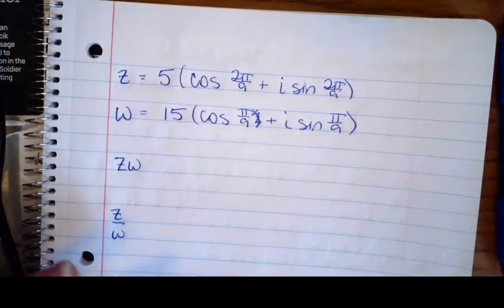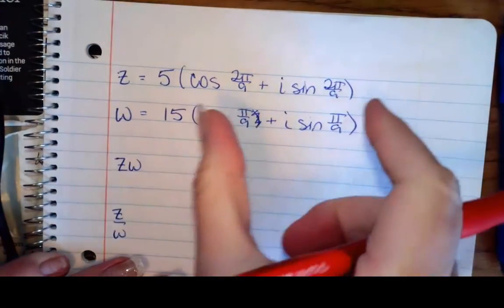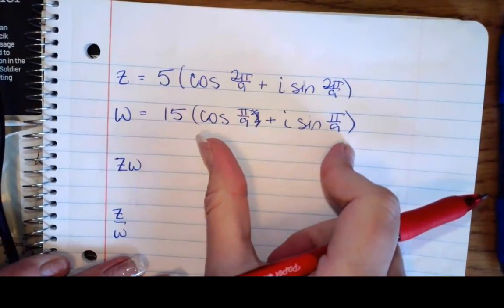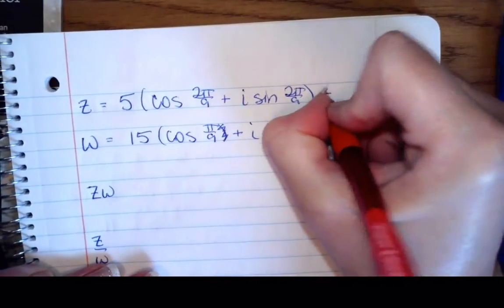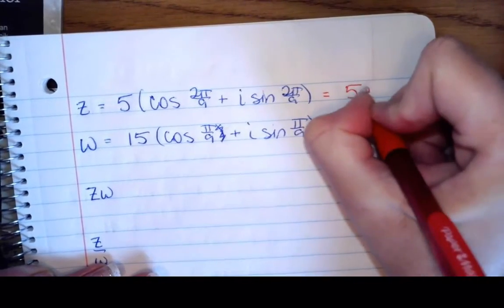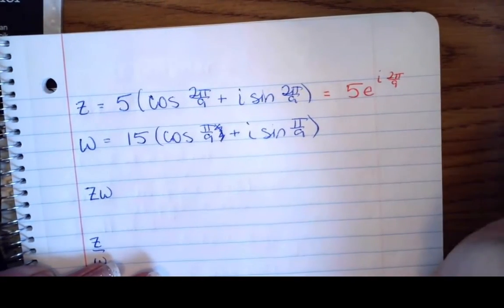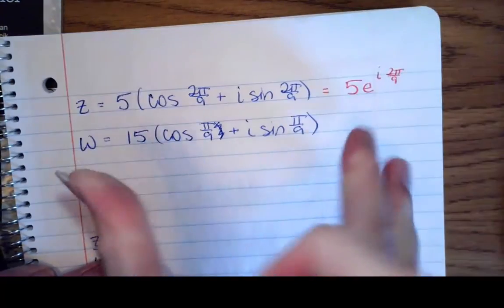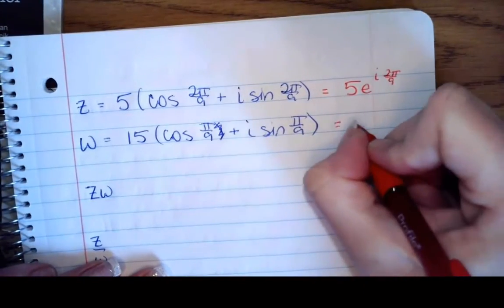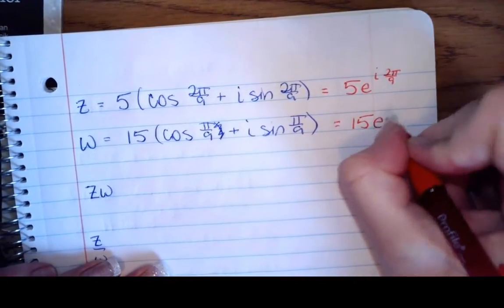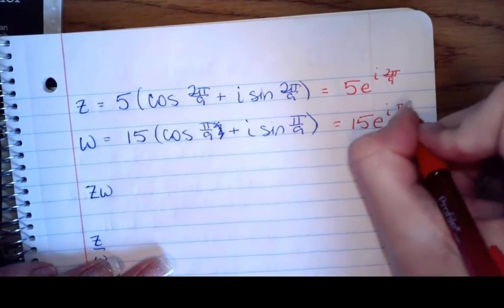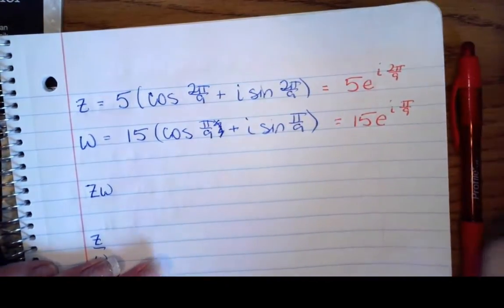It will be very, very helpful if you convert this into exponential first. So in exponential, my z is 5e^(i2π/9), and my w is 15e^(iπ/9).